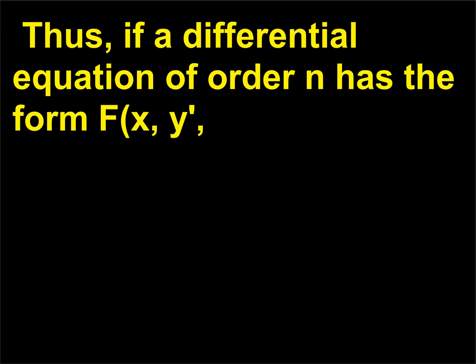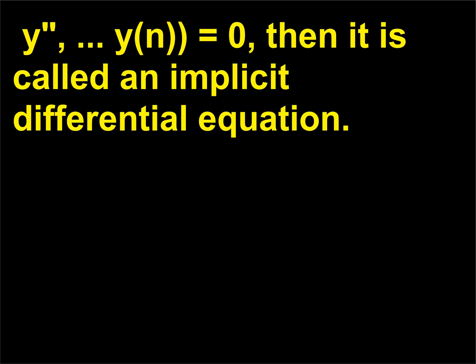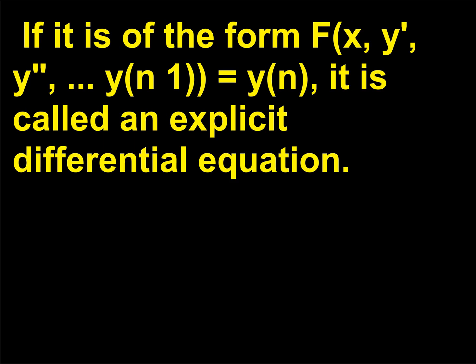Thus, if a differential equation of order n has the form f(x, y, y', ..., y^(n)) = 0, then it is called an implicit differential equation. If it is of the form f(x, y, y', ..., y^(n-1)) = y^(n), it is called an explicit differential equation.